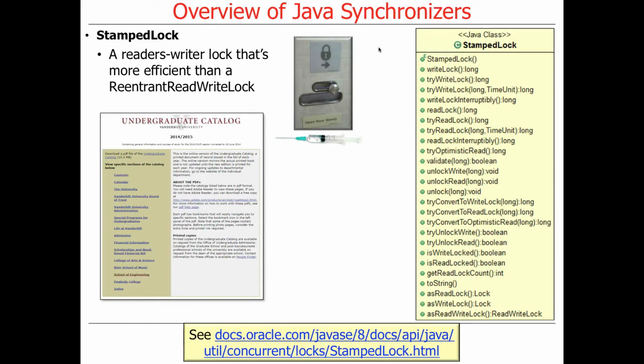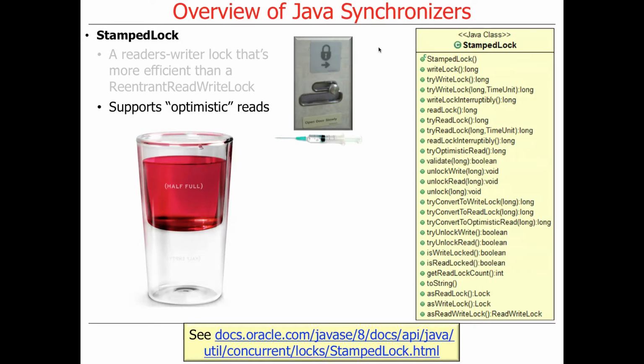What everybody has moved to in later versions of Java is something called stamped locks. That's a readers-writer lock that's much more efficient than a ReentrantReadWriteLock. It still gives you readers and writer semantics, but it's optimized to work a lot better. The other thing that stamped locks support is so-called optimistic reads.